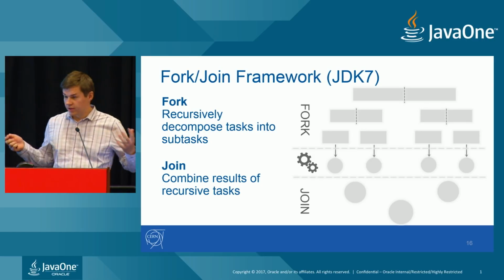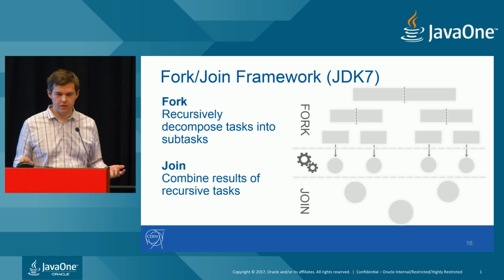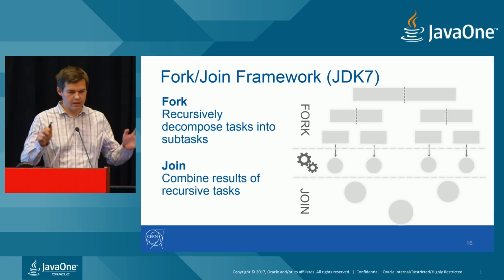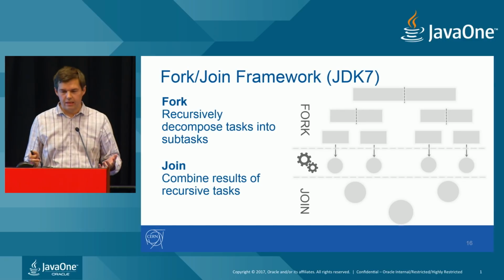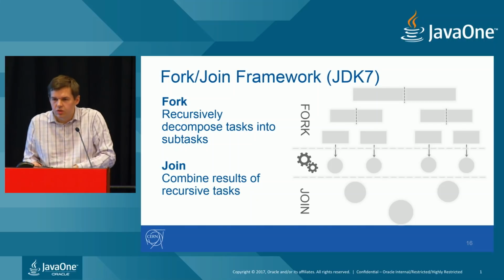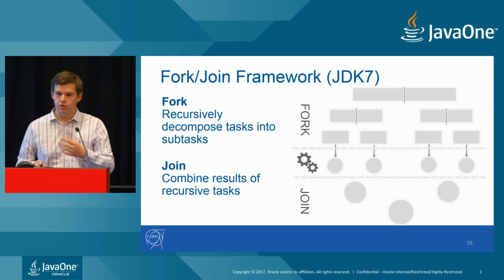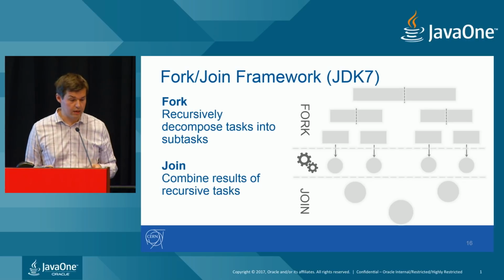All right, so what is the forkjoin framework? It's also an implementation of the Executor Service, so it's really nothing more than a thread pool with a bunch of threads that lets you execute your code in parallel.